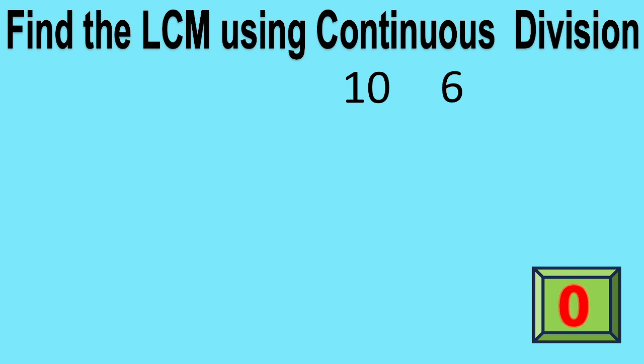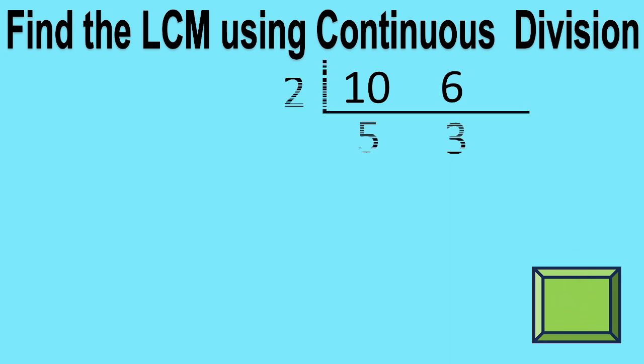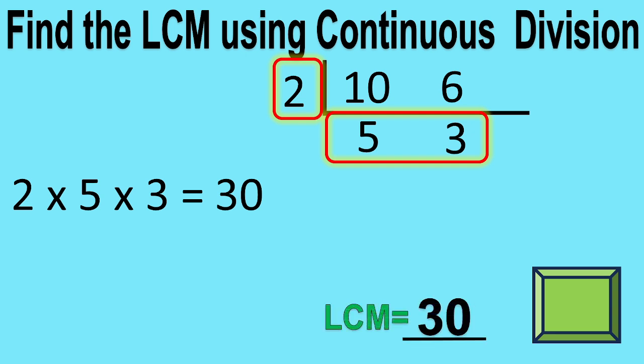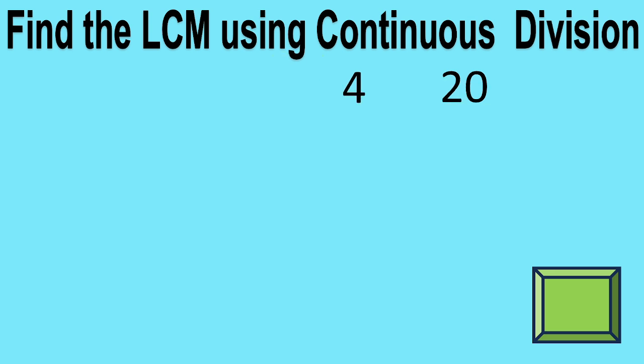Time's up. The answer is 2 times 5 times 3 equals 30. So, the LCM is 30. Next, 4 and 20.